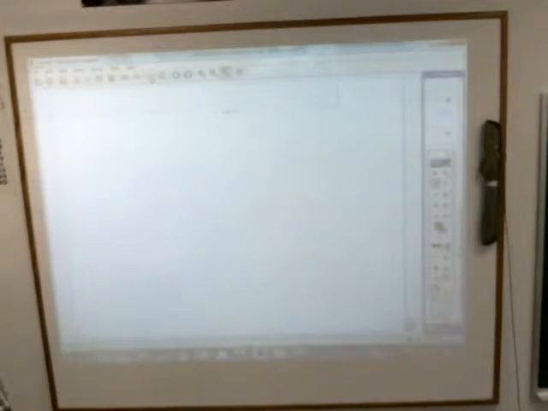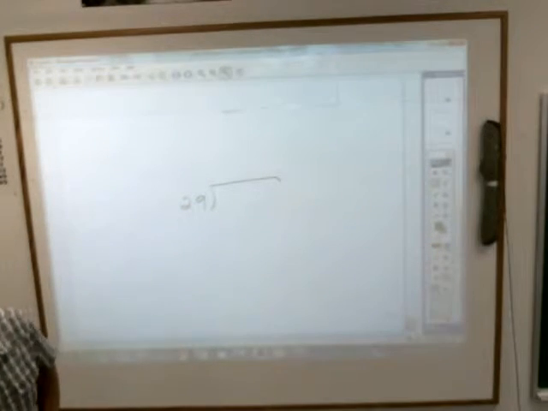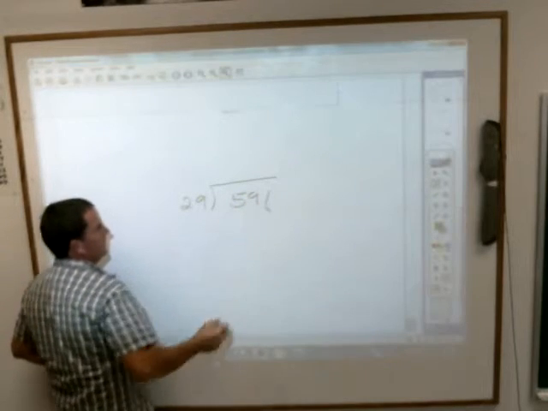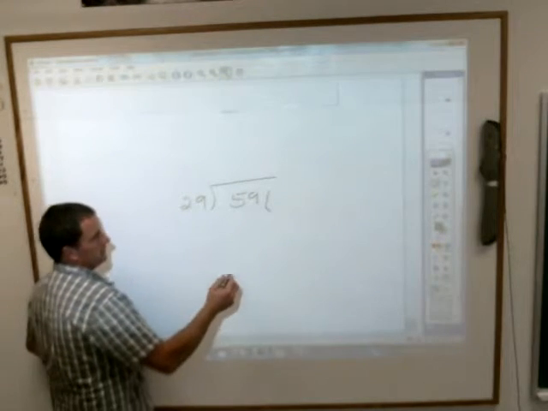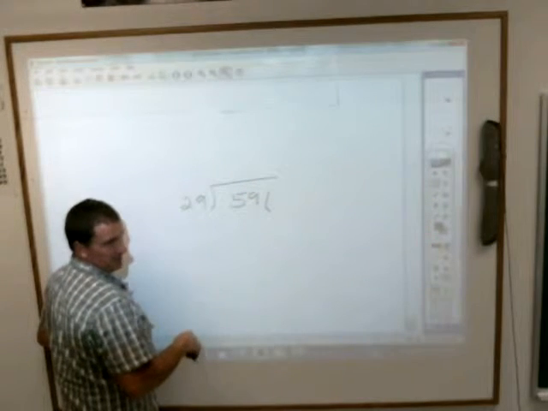Another example of that would be this. Estimate this one, 591 divided by 29. If I said to estimate that, what do you suppose you would change the problem to look like? Grace? You would round both of the numbers and then... What would I get them to be?